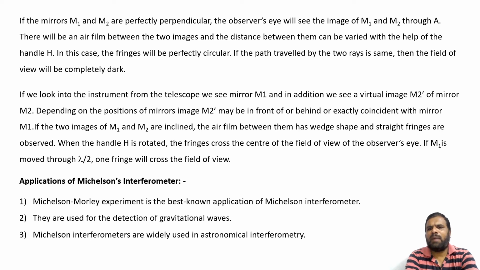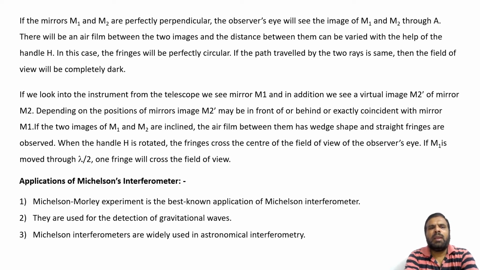If the path traveled by the two rays is the same, then the field of view will be completely dark. If we look into the instrument from the telescope, we see mirror M1, and in addition, we see a virtual image M2' of mirror M2.